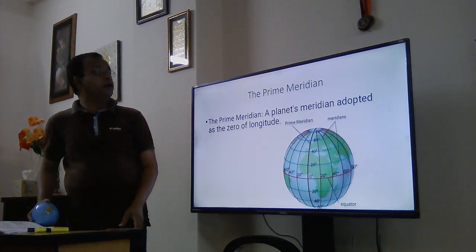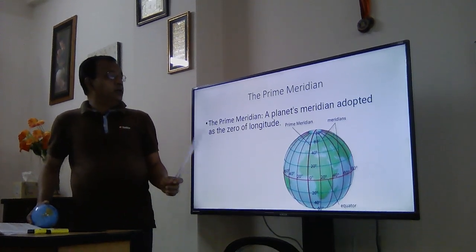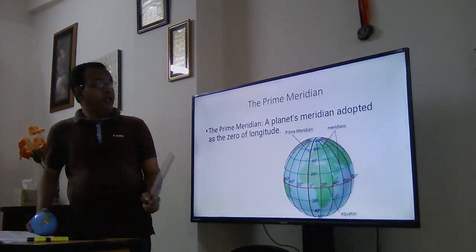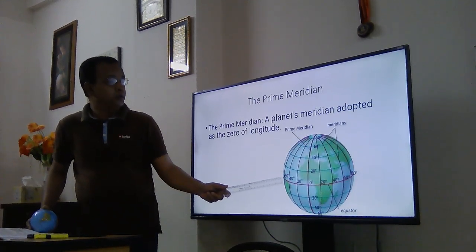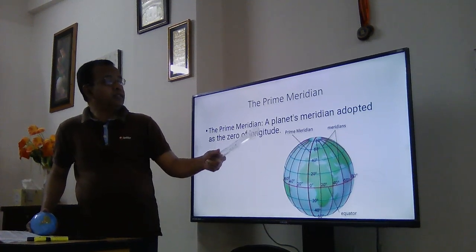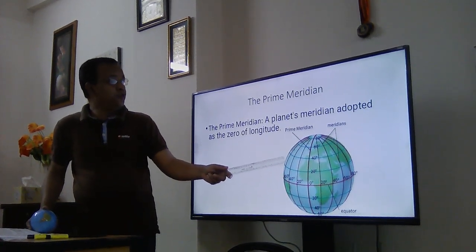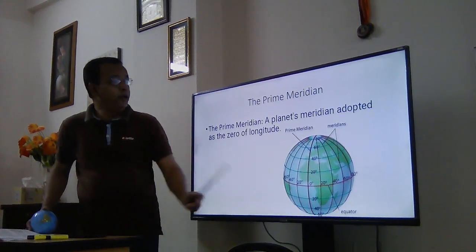The prime meridian. I told earlier that any line you draw from north to south will divide the earth into two equal parts. Here is the definition. A planet's meridian adopted as the 0 of longitude is known as the prime meridian.